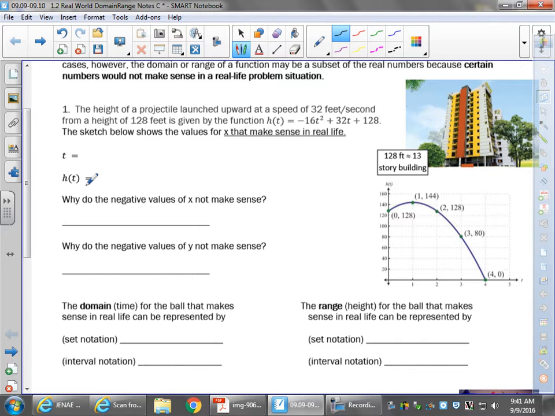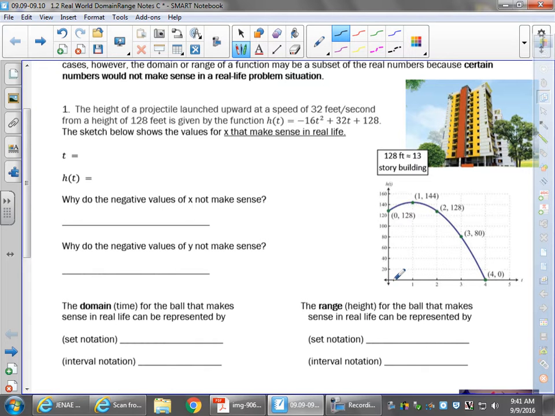Okay, so it says the height of a projectile launched upward at a speed of 32 feet per second from a height of 128 feet is given by this function. H of t equals negative 16t squared plus 32t plus 128. The sketch below shows the values for x that make sense in real life.